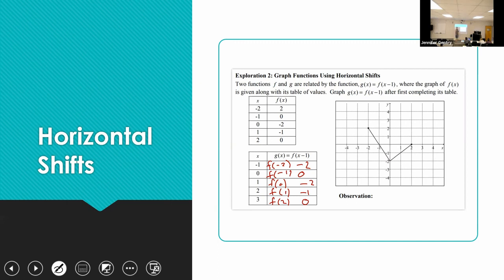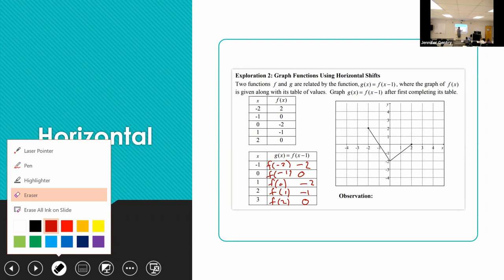If I plot these points, negative 1, 2, sorry. You take these x's and those y's.